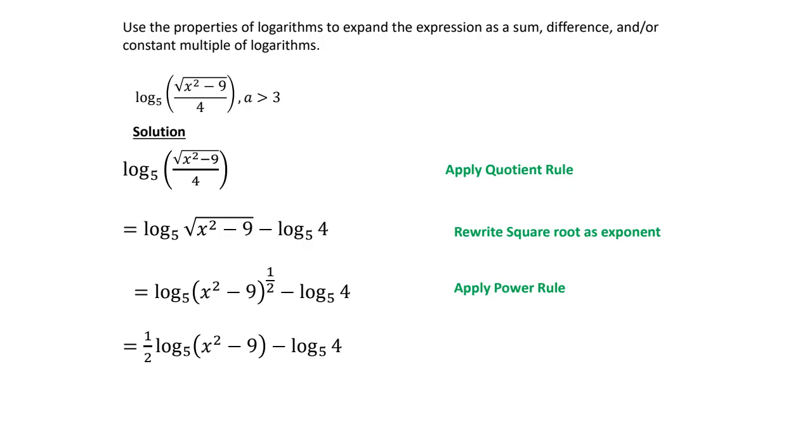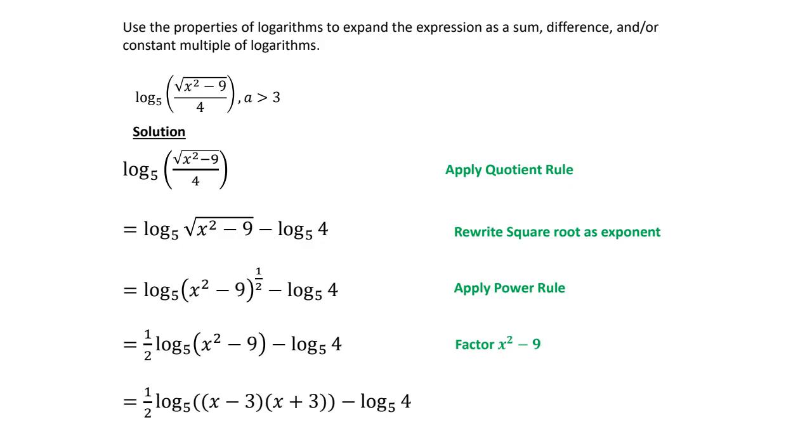This x squared minus 9, I see that this is a difference of squares, right? I can factor this into x squared minus 3 squared, which is a product of x minus 3 times x plus 3. So I have two things being multiplied inside a log of base 5, and I'm going to apply my product rule.